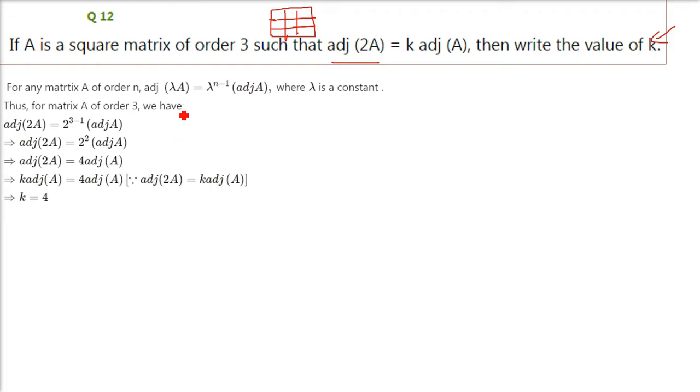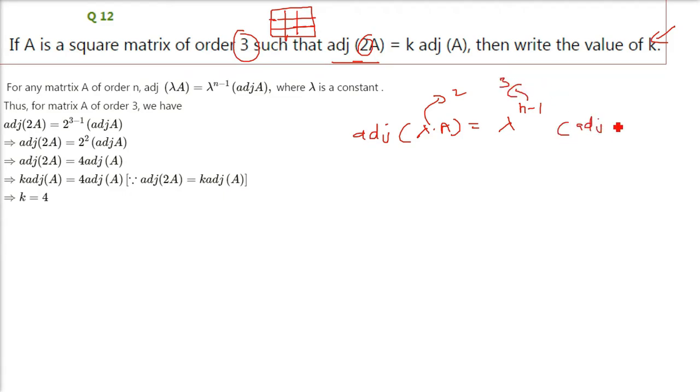Okay. So we already know by our previous discussion that adjoint of lambda into A, if this 2 is some lambda or some K, is equal to lambda or K to the power n minus 1, and then adjoint A. In this case we will put lambda equals 2, and in place of n we replace it by 3.